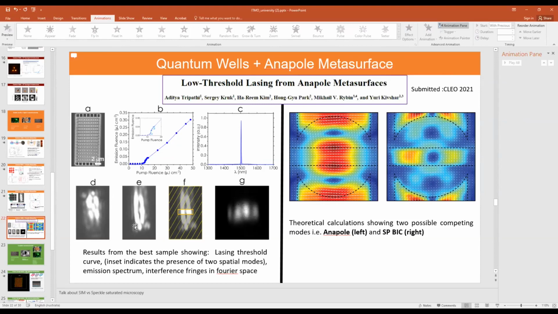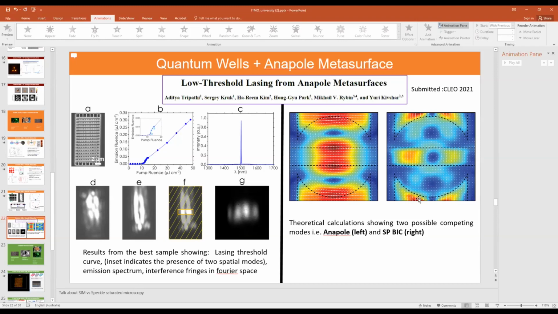Again, from experimental results, we don't have a good way to verify whether we are actually having lasing from the Anapole mode or not. For this purpose, we are relying on theoretical calculations which are still underway.